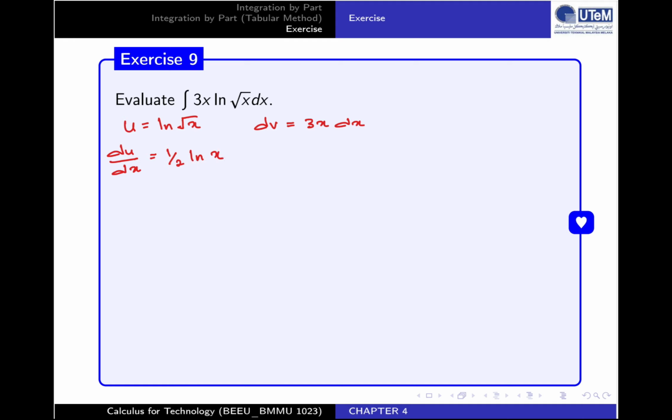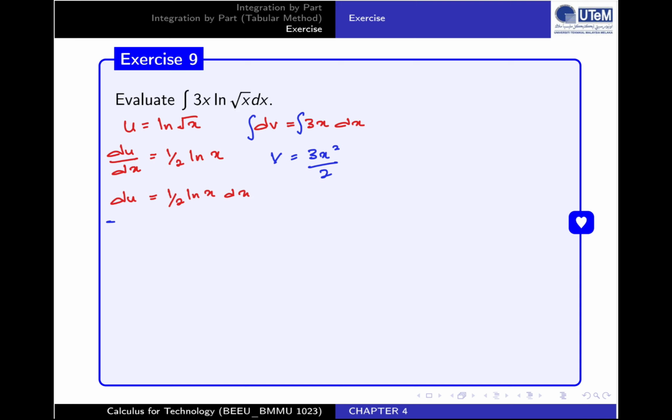Then your du equal to 1 over 2 ln x dx. And then this one you can integrate to get v equal to 3x squared over 2.